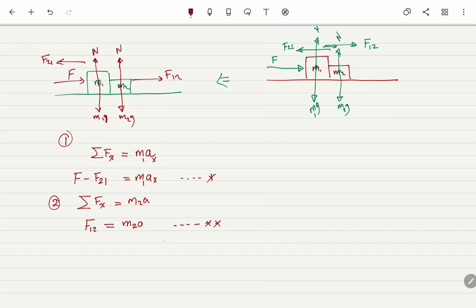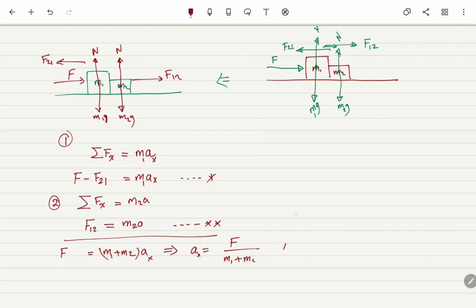If we add both equations, and remember F12 equals F21, same magnitude, different directions, we get F equals M1 plus M2 multiplied by a, or in other words, a x equals F divided by M1 plus M2.